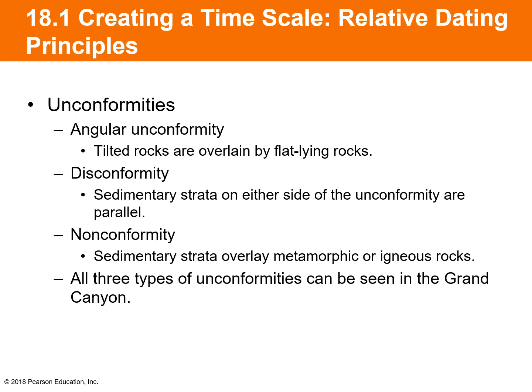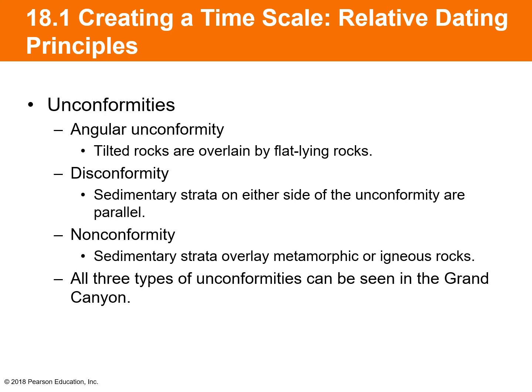And a disconformity is when sedimentary strata or beds on either side of the unconformity are parallel to one another. So with the principle of original horizontality, if the layers of sediment were being deposited horizontally or parallel to the land surface before and after the unconformity or the erosion event, then you're left with a disconformity.